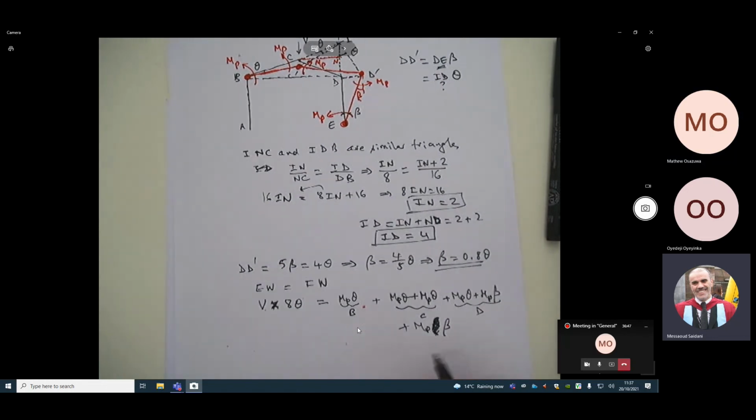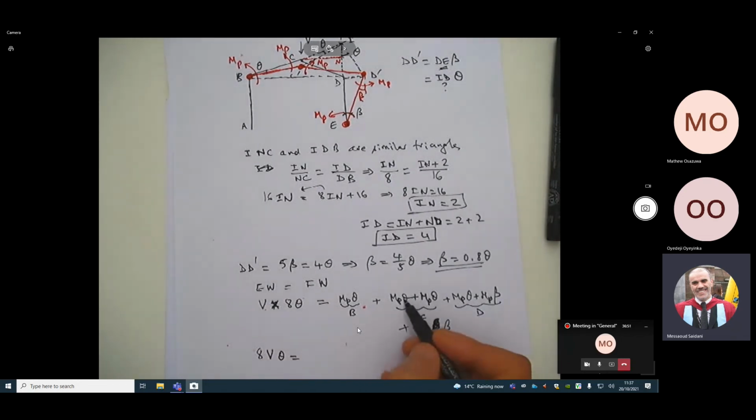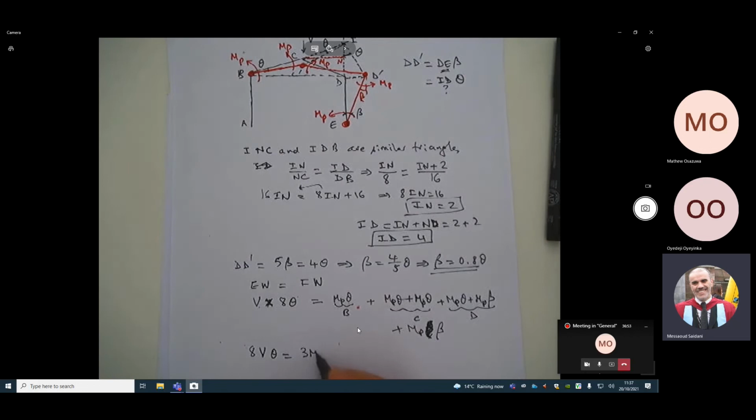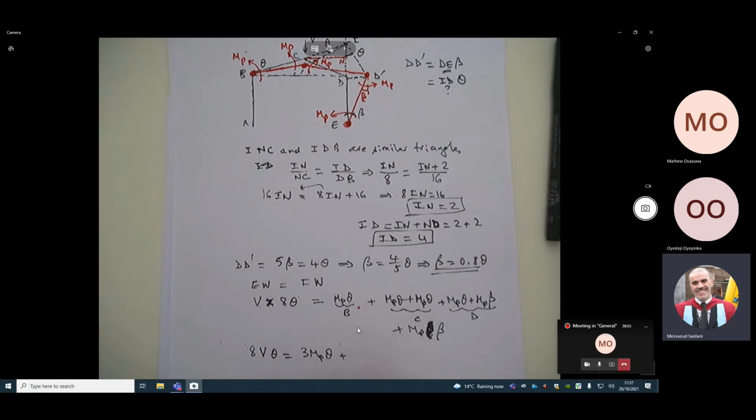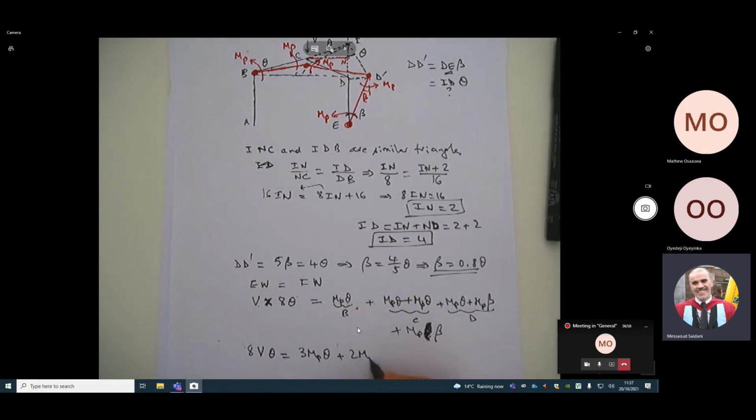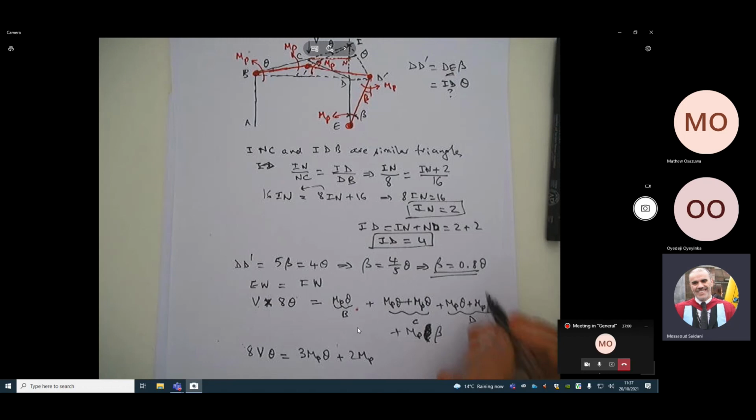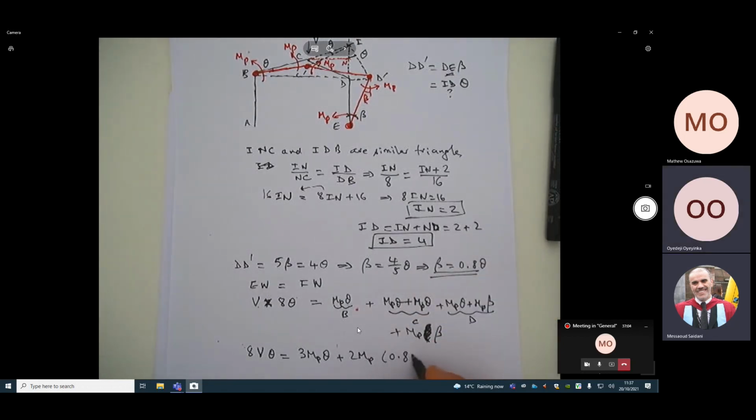All right, so we have 8V theta equals 1, 2, 3 MP theta plus 2 MP beta, and beta is 0.8 theta.